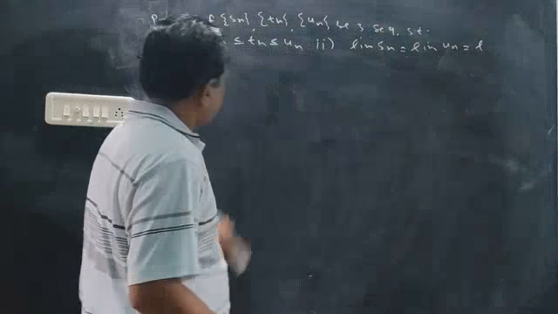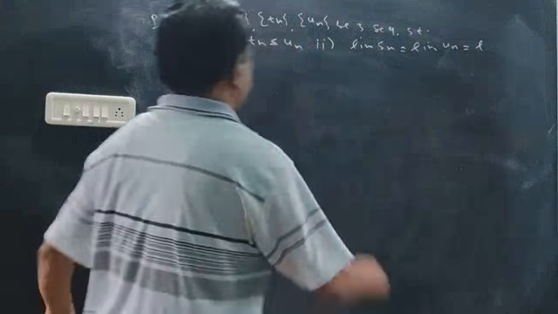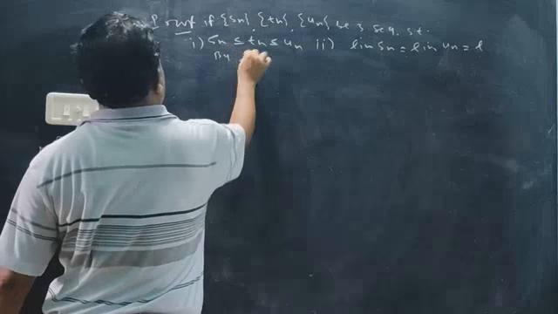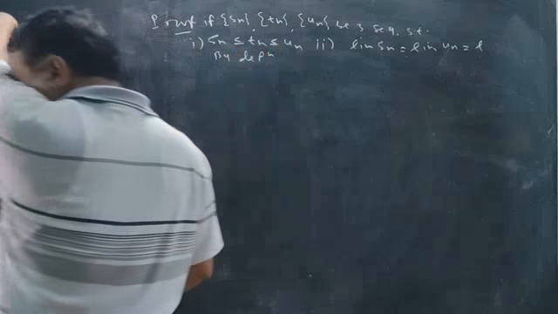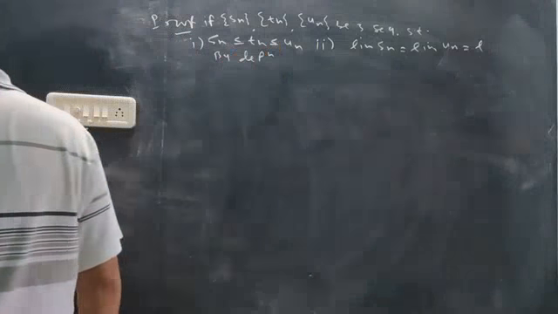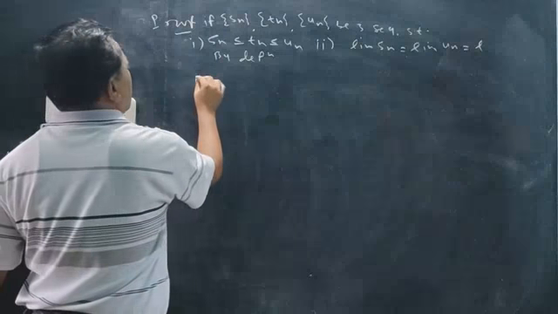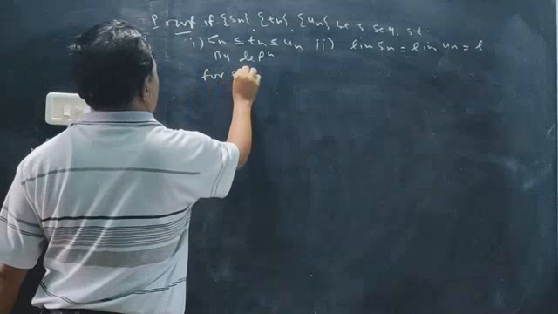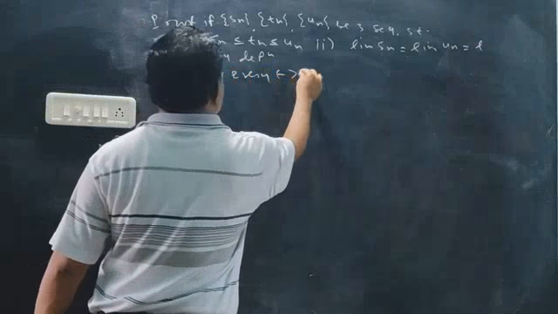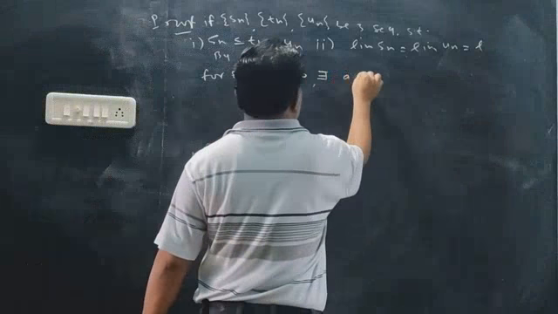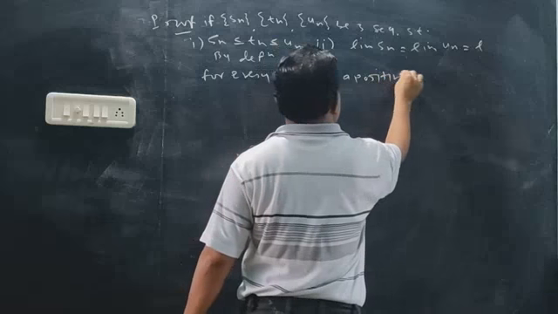Sure. So the limit of Sn is L, the limit of Un is L. Apply the definition of the limit of a sequence. For every epsilon greater than 0, there exists a positive integer m.